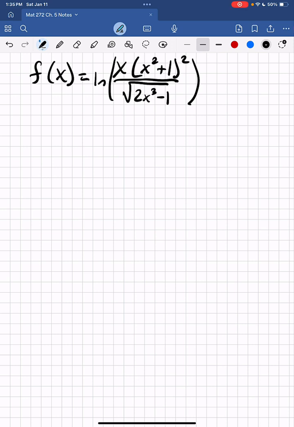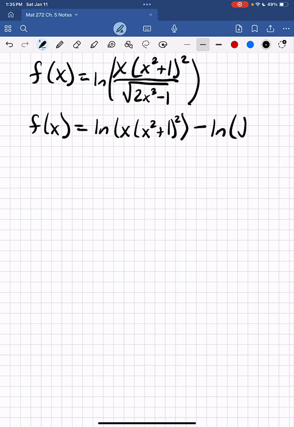Okay. So using all those log rules that I had earlier, I can break this apart, right? I have division. So I can say this is the natural log of x times x squared plus 1 squared minus the natural log of the square root of 2x cubed minus 1.